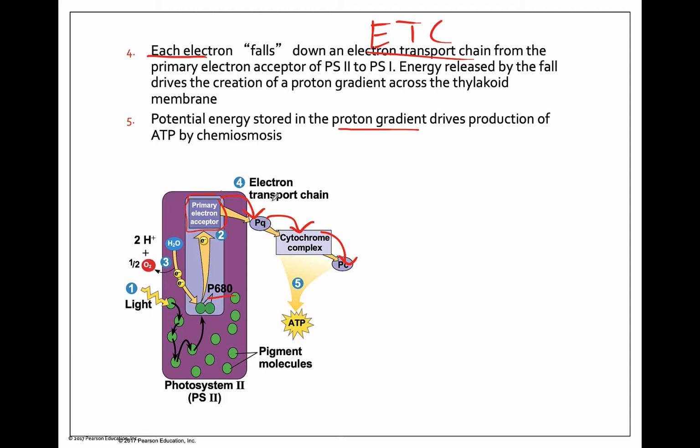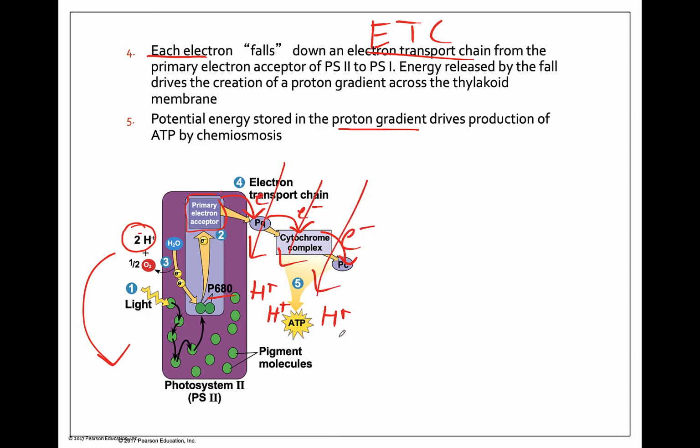So this time the hydrogens are going to be moving into the thylakoid space, which is where these ones are. Every time we move an electron, more hydrogens get moved across. This is active transport because we are using free energy that's being released to move hydrogens across the membrane.